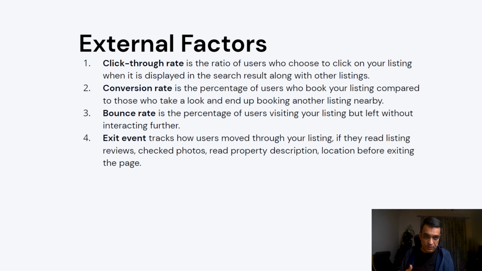They read your description, clicked read more, read it all. If they scroll down further, that means the description was good as well. Then they expanded the amenities, liked them, scrolled further down and opened something else. That way, Airbnb understands that the description was good, the photos were good, the amenities were good, and all other things. You know what I mean? So these are called exit events.